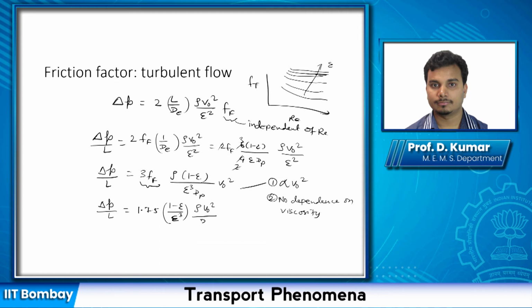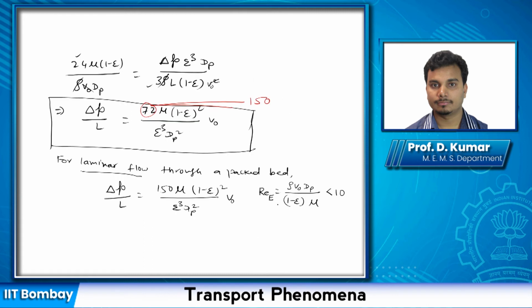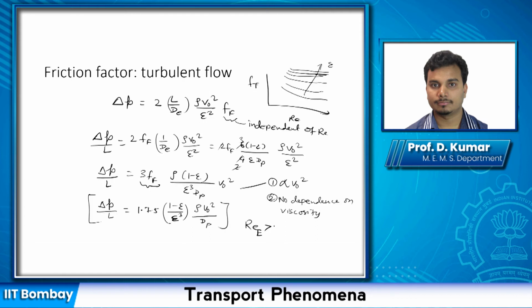So this is for the turbulent regime, and the turbulent regime is defined for Re as we defined in the previous slide, and this is greater than approximately 1000.